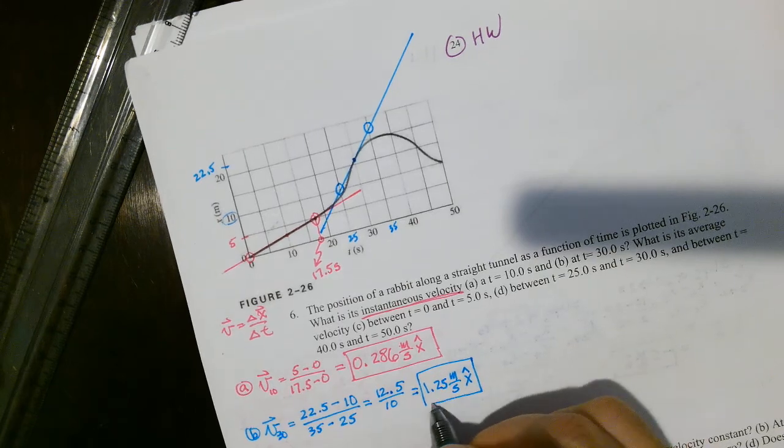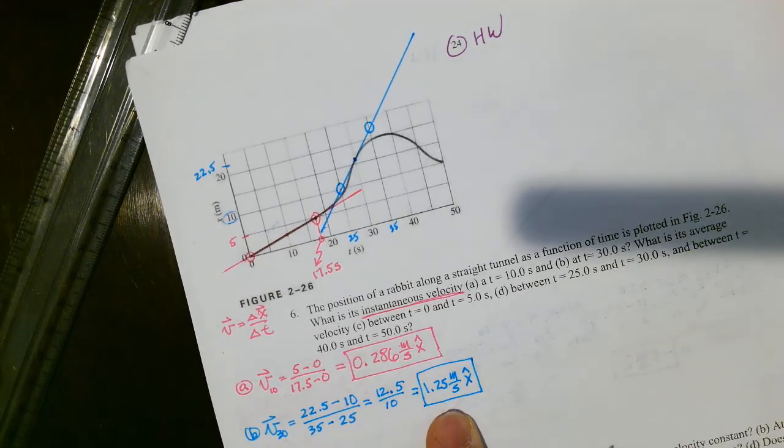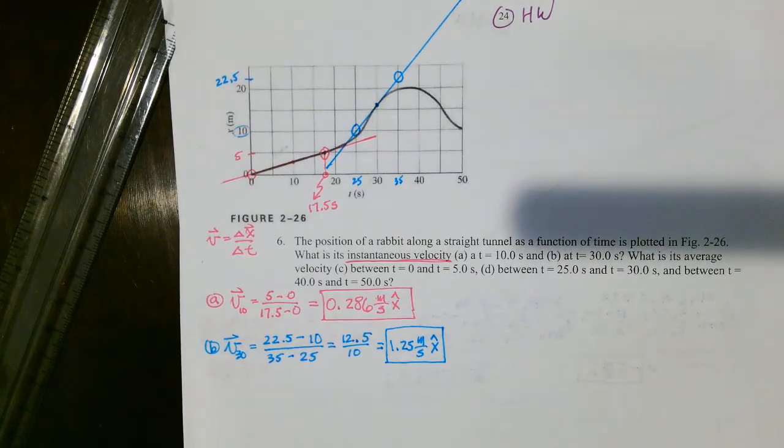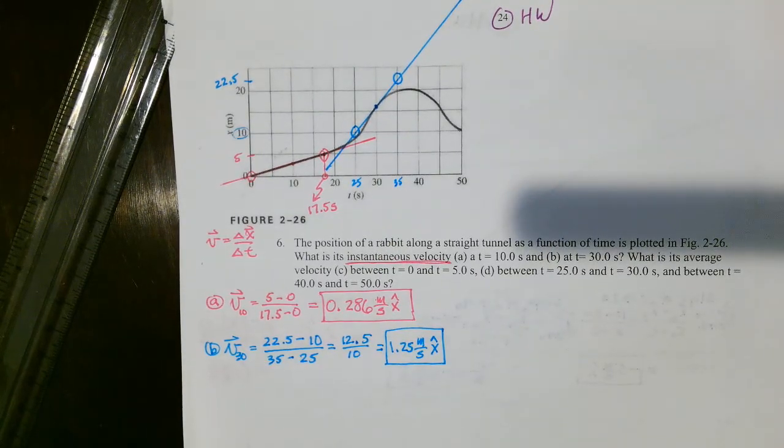So that is the instantaneous velocity at 30 seconds. Okay?